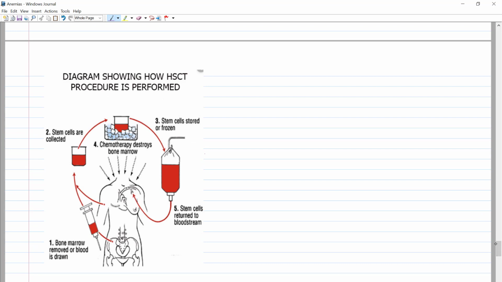Okay, HSCT, let's put here hematopoietic stem cell transplant. With this one, it's a transplant, so you want to prevent transplant rejection there. So you'll be giving a lot of immunosuppressants and corticosteroids to your patient. Okay?